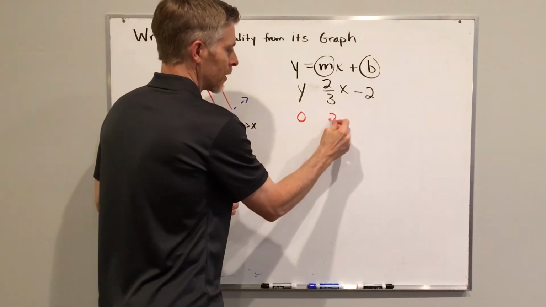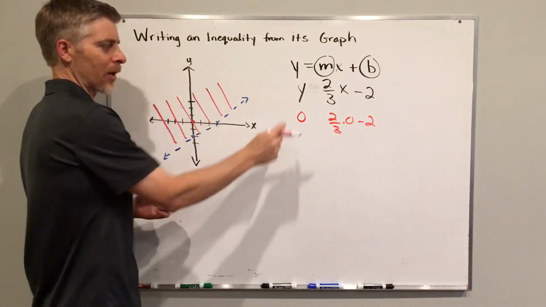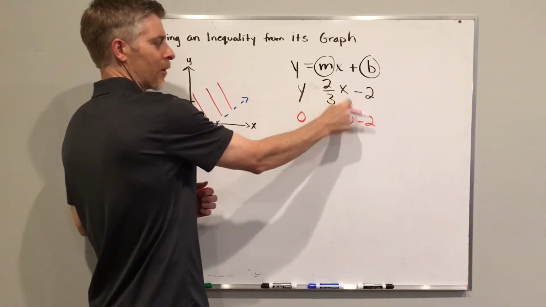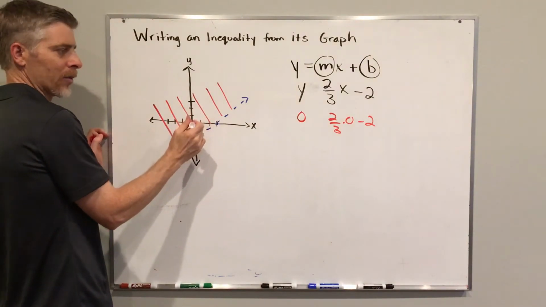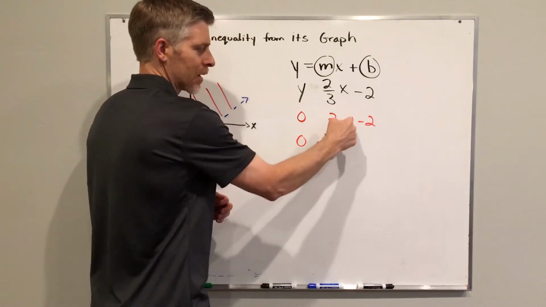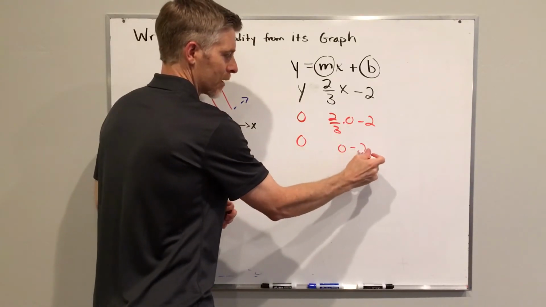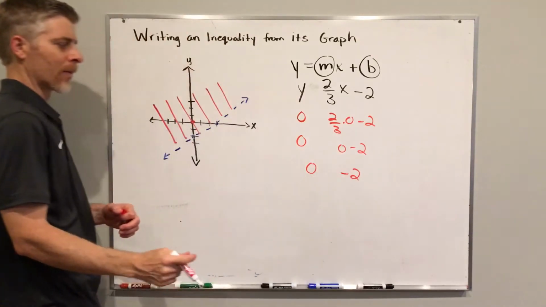0, 2/3 times 0 minus 2. So I just put in 0 for y and 0 for x because that's this point right here at 0, 0. All right, so that would be 2/3 times 0 is 0 minus 2, 0 and -2. Right.